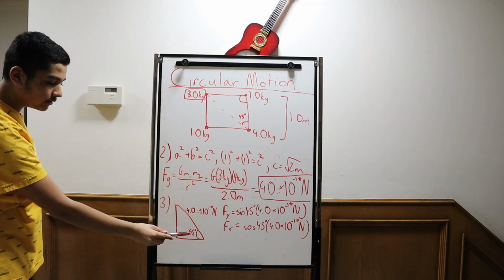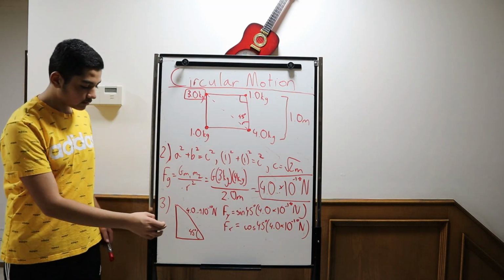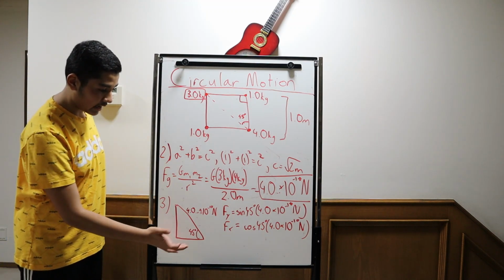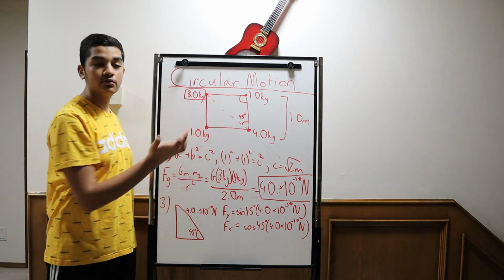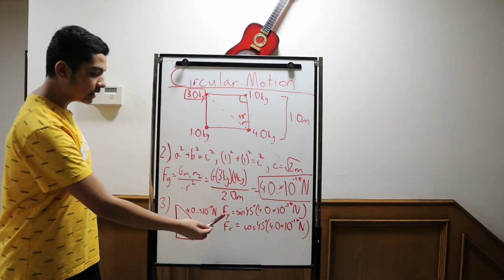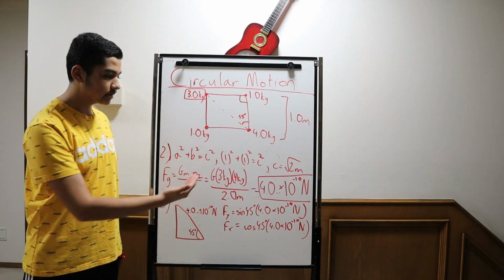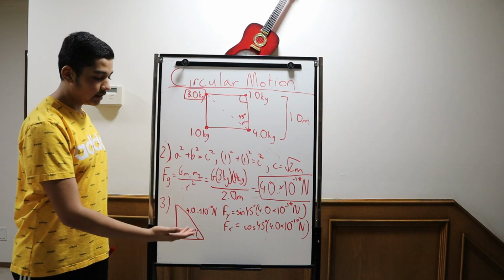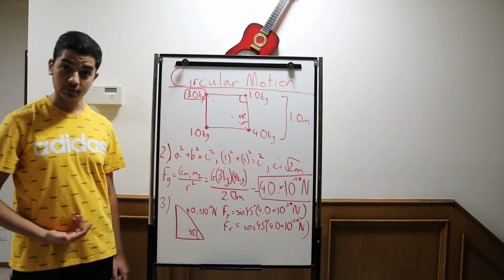So we can draw a triangle here where the angle is 45 degrees, and we can use that to figure out the force in the x-axis and in the y-axis, so it makes it easier to add it to these two forces here. So we know that the force in the y direction will be sine 45 degrees times the net force, and in the x direction it will be cos of 45 times the net force here.